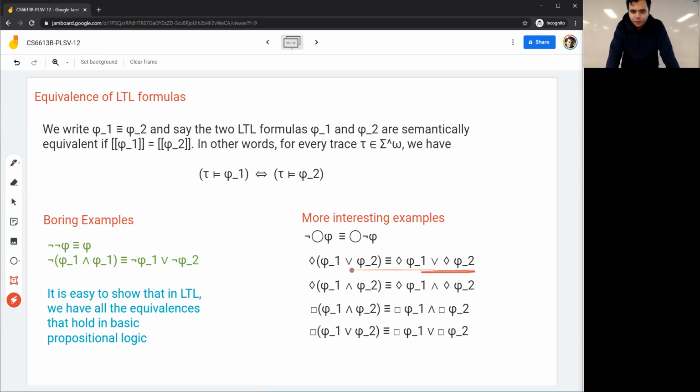Are these two formulas equivalent? The first one says eventually phi1 or phi2. The second one says eventually phi1 or eventually phi2. So we are distributing here. Can we have this kind of distribution? So you said yes. Why?